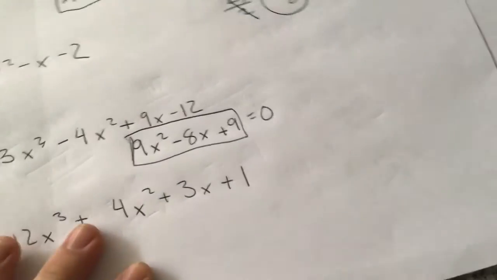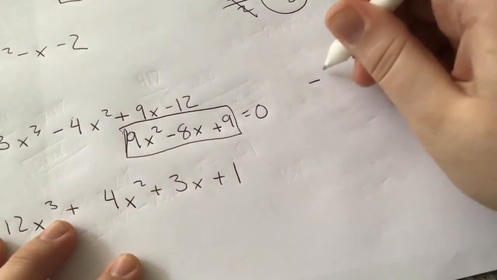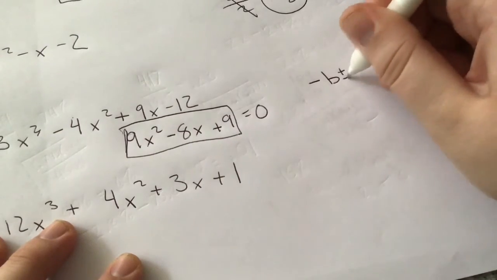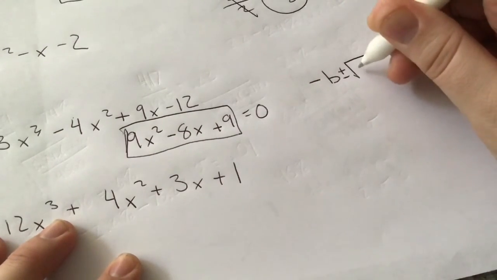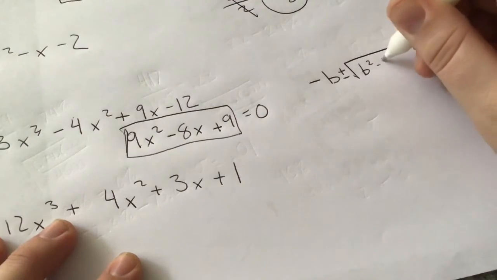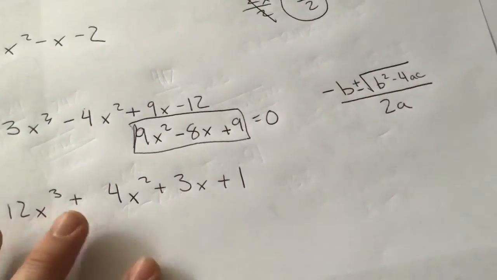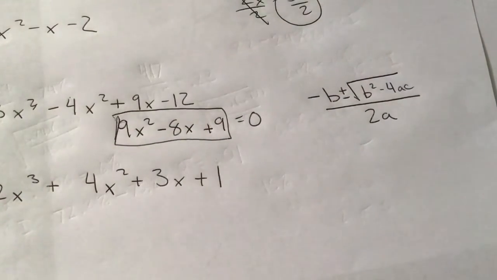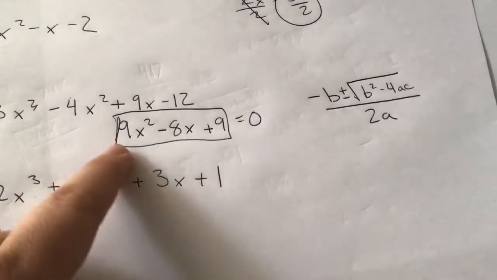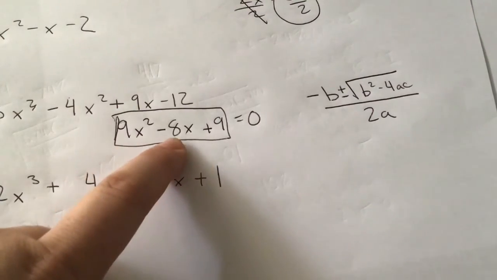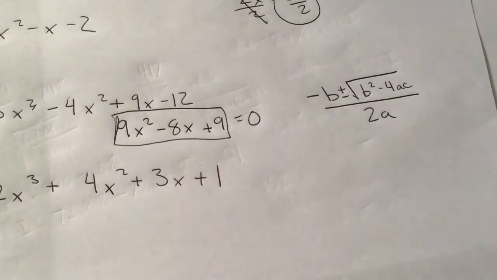But if you do remember the quadratic formula, you know it goes like this. Negative b plus or minus the square root of b squared minus 4ac all over 2a. Of course, a, b, and c representing our 3 coefficients, 9, negative 8, and 9.